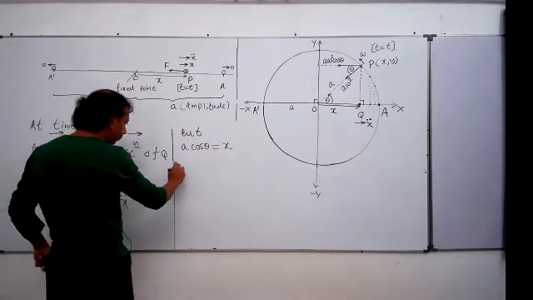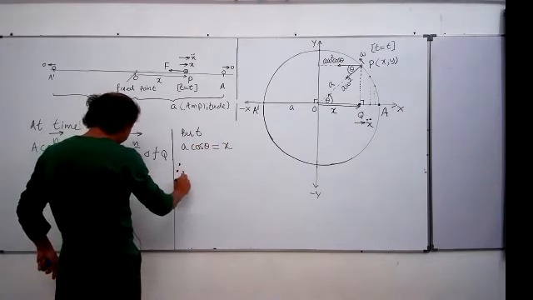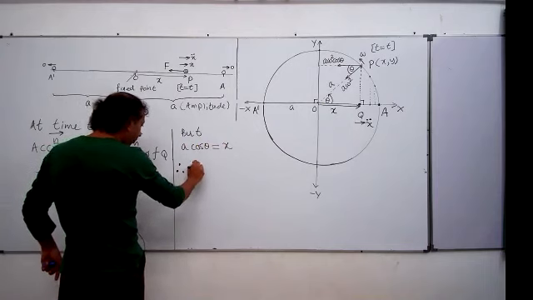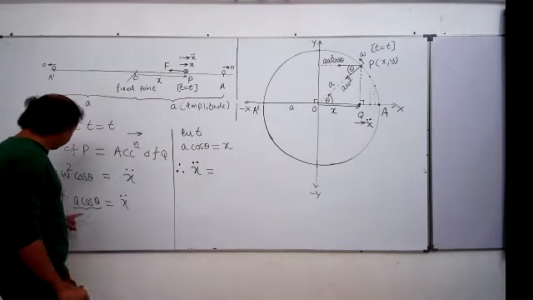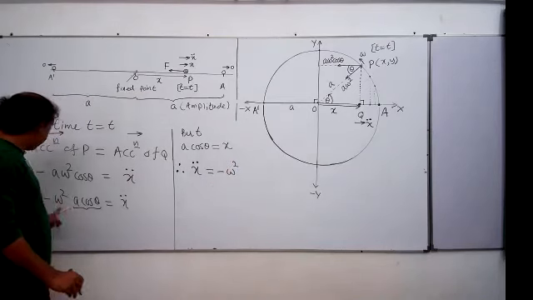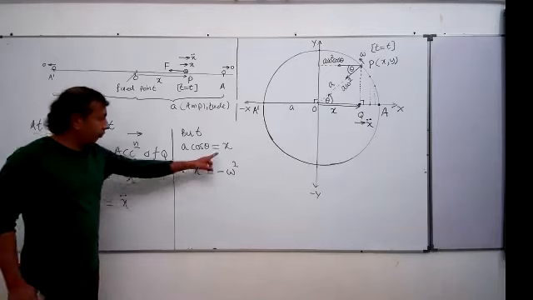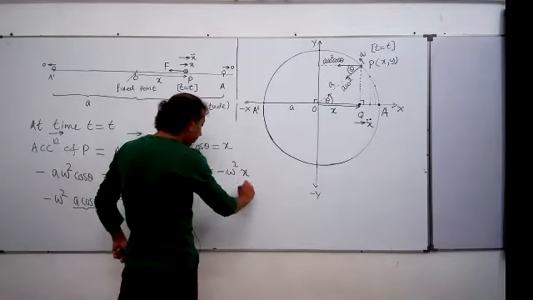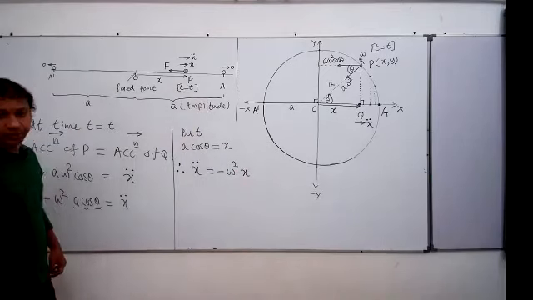And therefore, x double dot is equal to minus omega squared a cos theta. A cos theta is x. All right. What is the result, people?